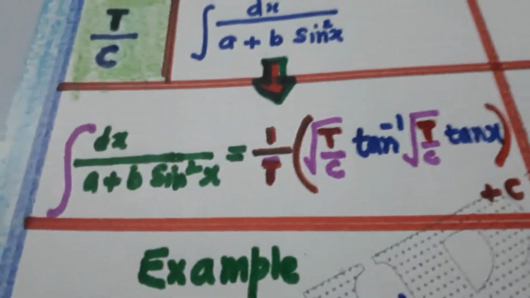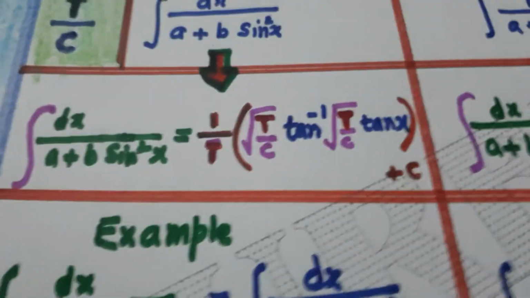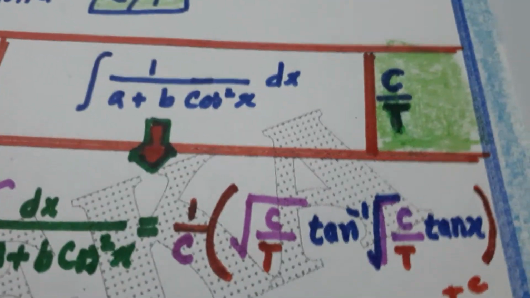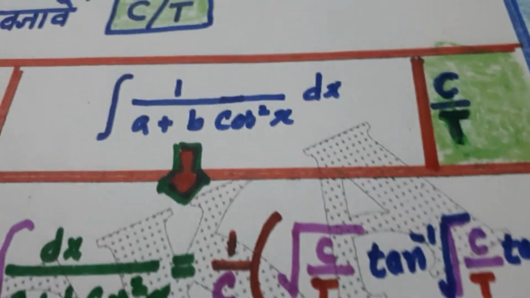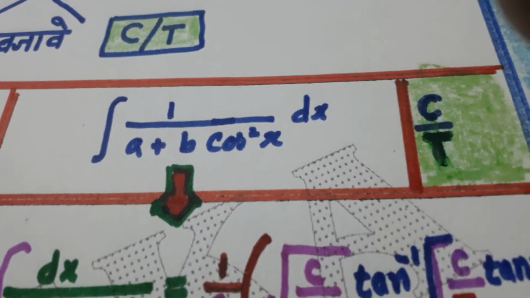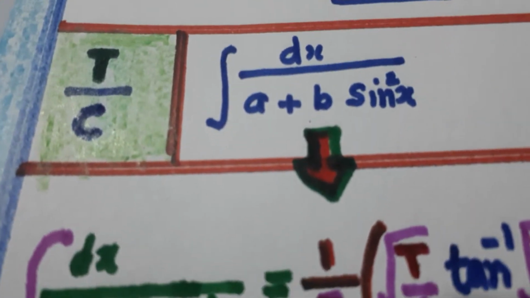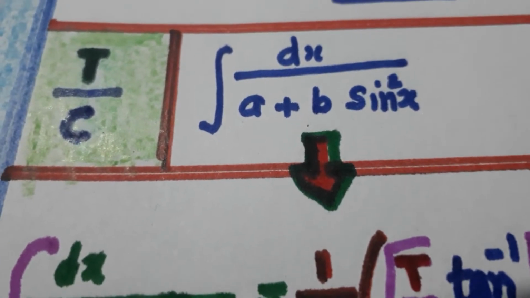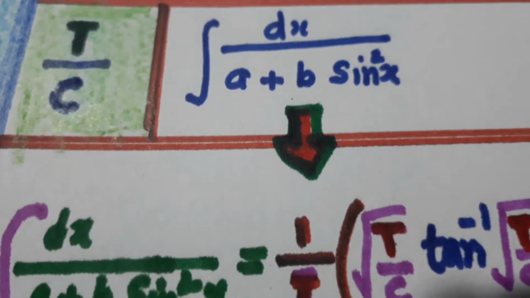TC formula is sine square and CT formula is cos square. Look here, it is with 1 over a plus b cos square x is C by T, whereas T by C is integration of dx over a plus b sine square x.